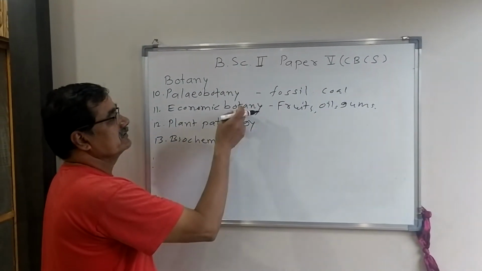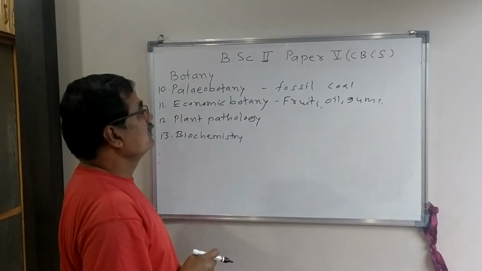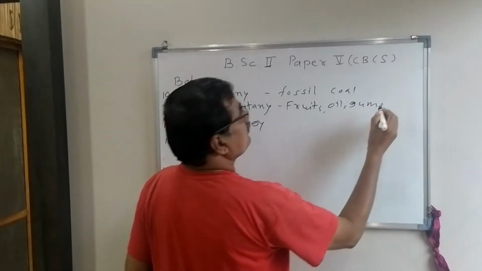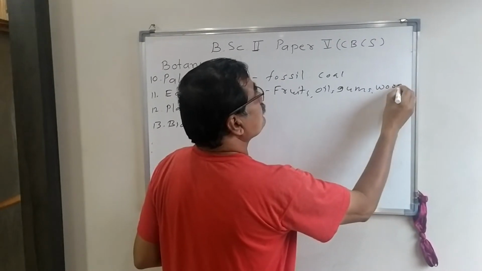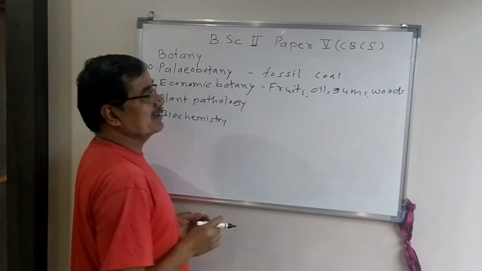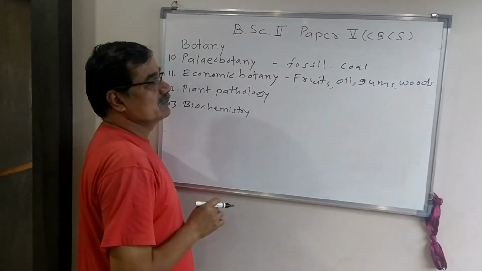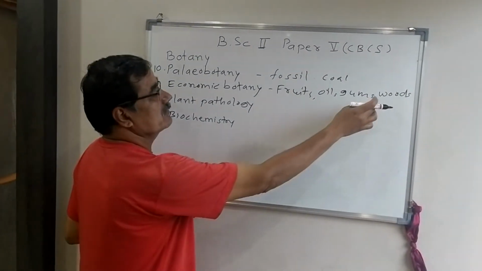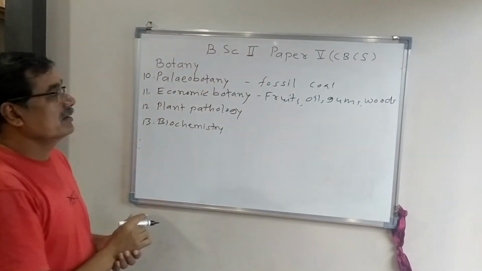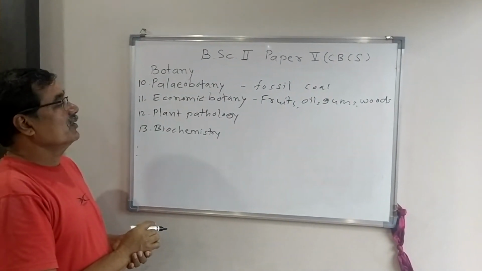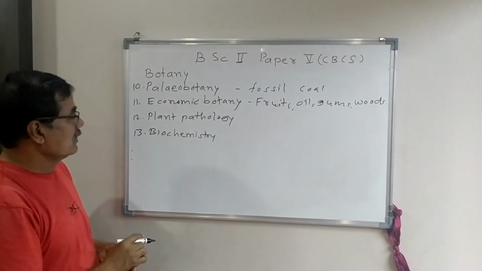Such plants are studied in economic botany. Also different types of woods. Woods are very much important for the timber area, and from timber which forms lumber, furniture is prepared from this plant body. This is one of the important aspects of economic botany.